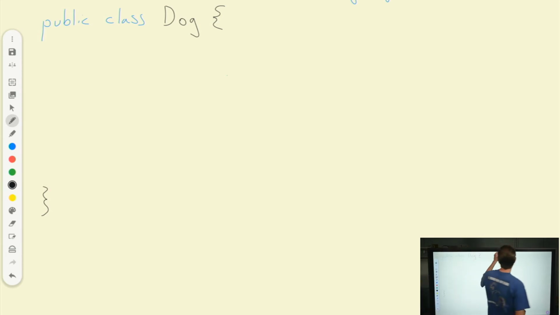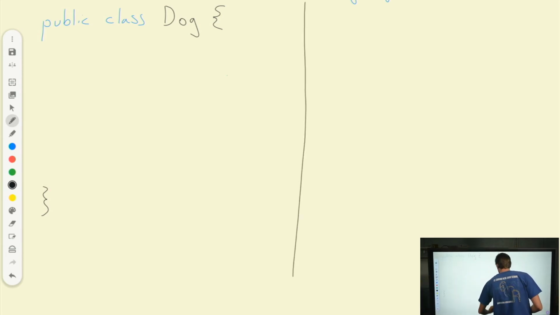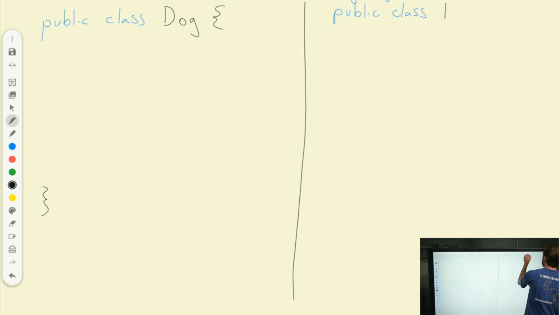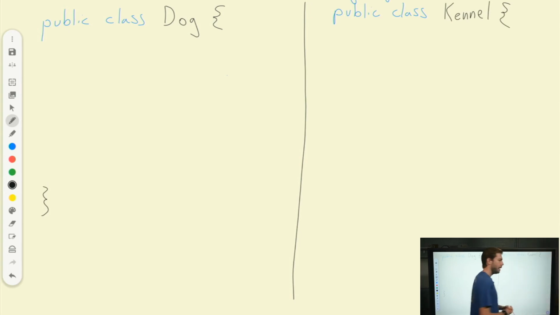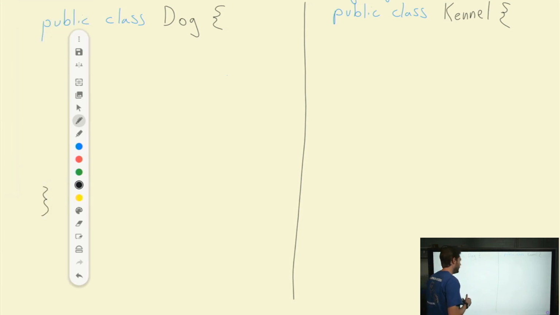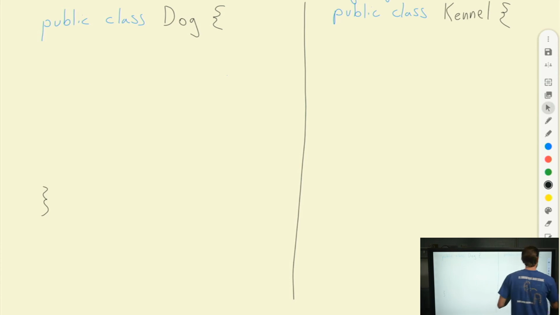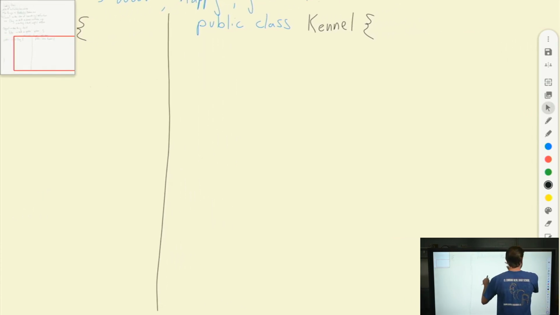In another file in the same folder structure, let's go ahead and create a new class, and we'll call this class Kennel, again, with a capital K. And in this public class, if you recall, every single Java program has to have a main method with that fantastic public static void main thing. So we're going to put that in the Kennel class.